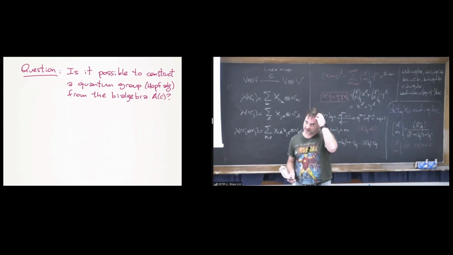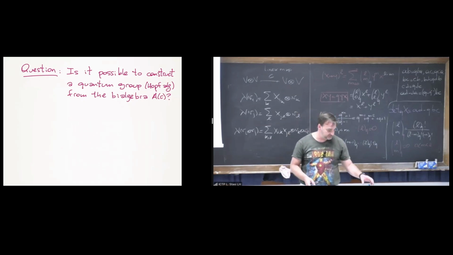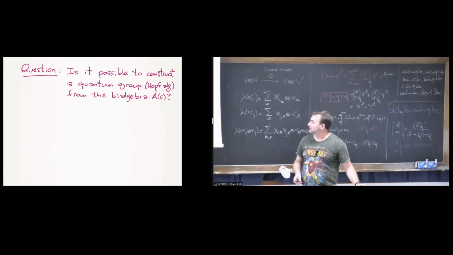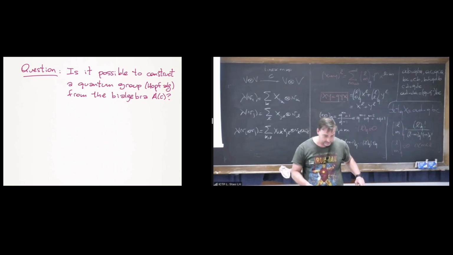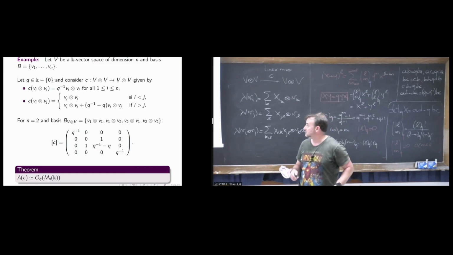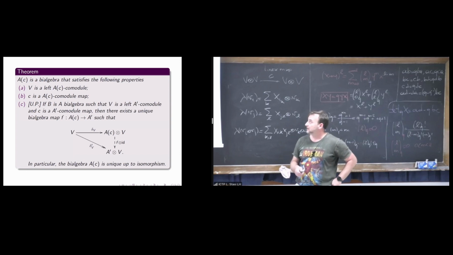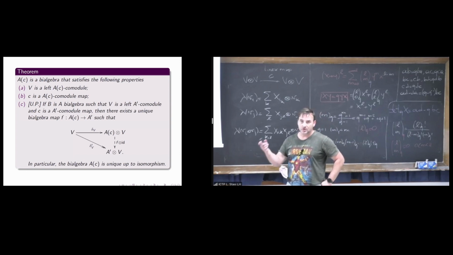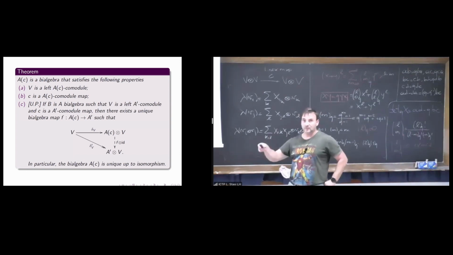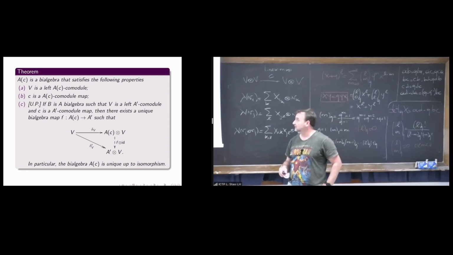So to finish this class, I'm going to talk about how we construct a Hopf algebra from this example, because the theorem tells us that we always have a bialgebra, but we are looking for functions on a group. Why? Because we want the properties of the representation theory.